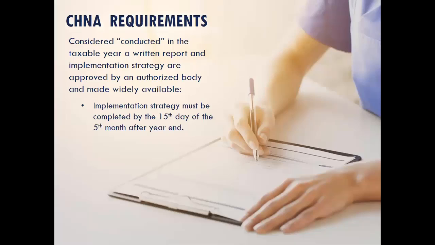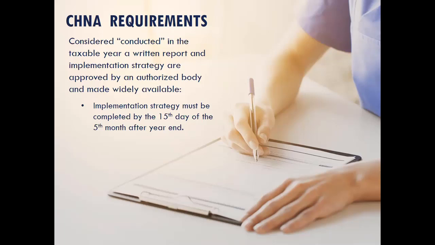So the community health needs assessment is considered to be completed or conducted within the tax year where the written report and the implementation strategy are approved by an authorized body and made widely available. So when you're looking at when this has to be done, the assessment itself and the report have to be completed within that tax year, that would be the 3rd year in your cycle.